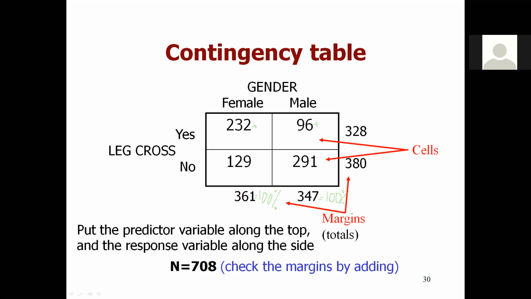So 347 or 100%. What's the percentage when there are 96? So 96 times 100 divided by 347.